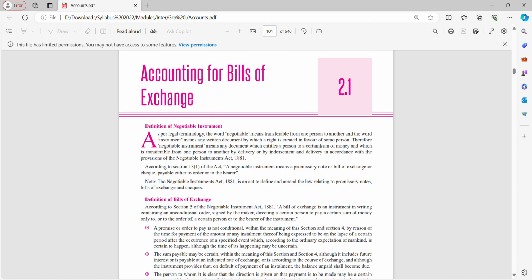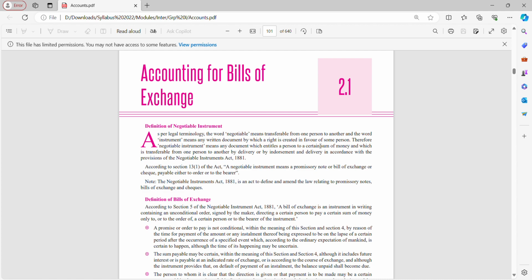So it can be anything: a check, a bill of exchange, a promissory note. With the help of that document, you are paying a certain amount from one person to another person.